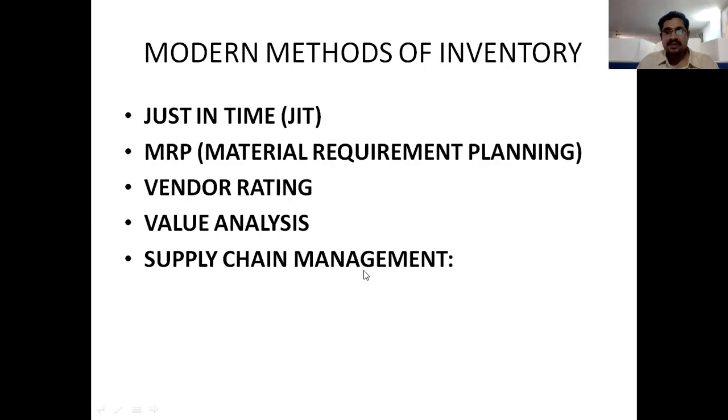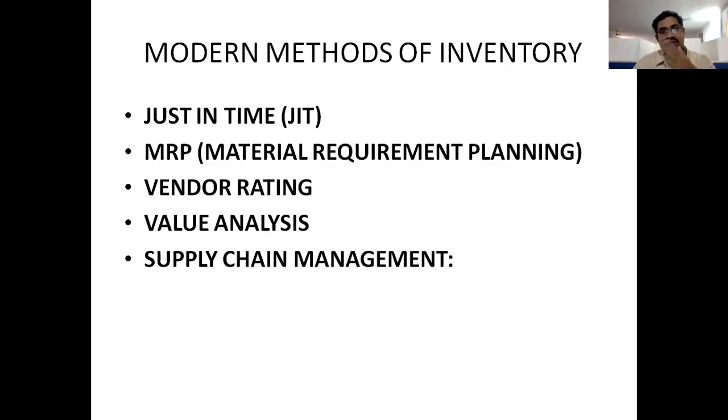Next, supply chain management means supplier to customer. It is the movement of raw materials, converted into finished goods, and finished goods sent to the customers. So it is the movement of materials from suppliers to customers, and between all these things we consider links in a chain.